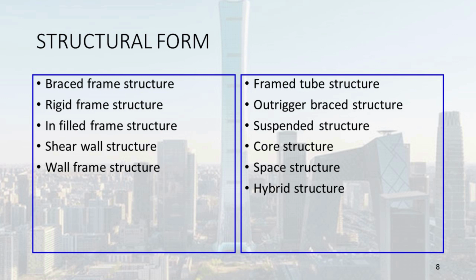As you can see here, we can propose braced frame structure, rigid frame structure, infilled frame structure, shear wall structure, wall frame structure, frame tube structure, outrigger braced structure, suspended structure, core structure, space structure, and hybrid structure.